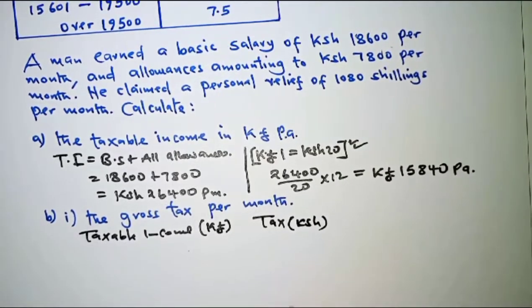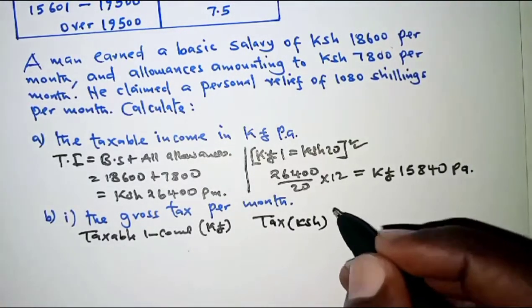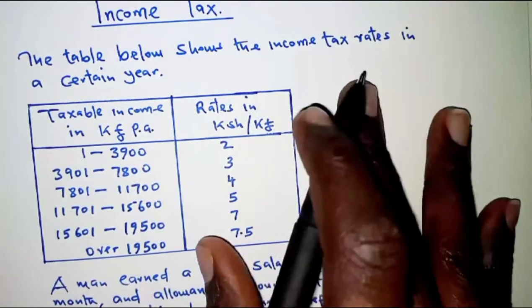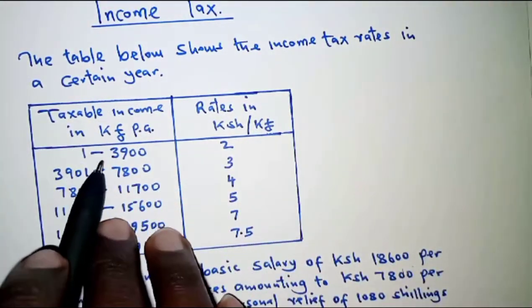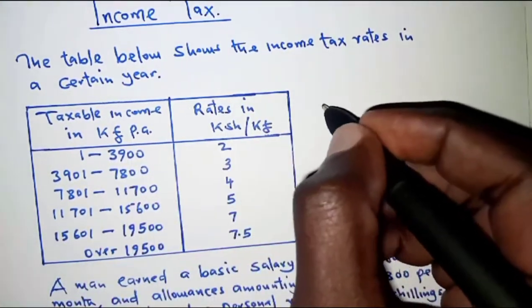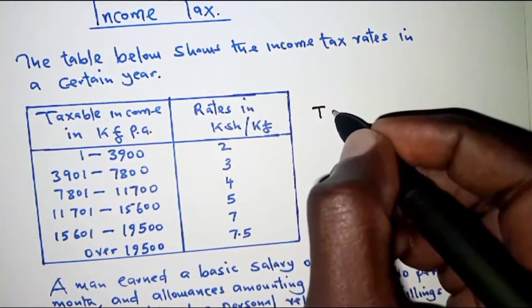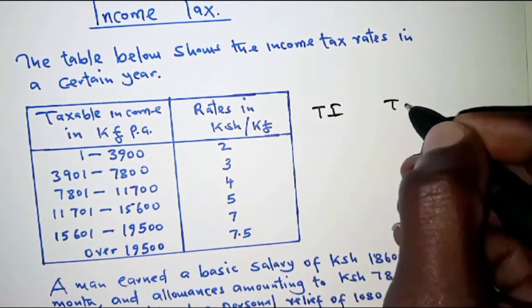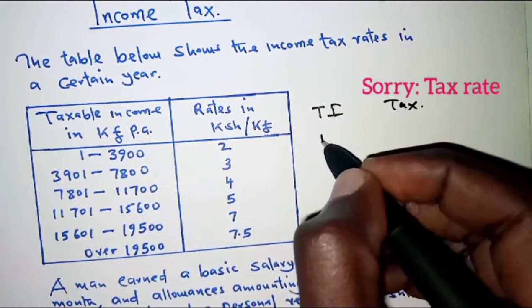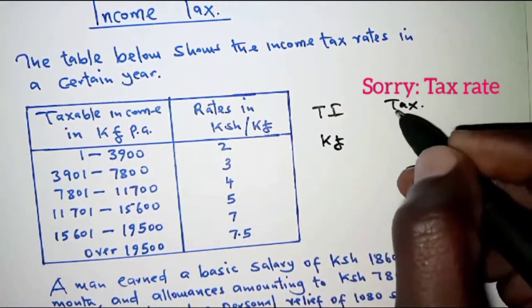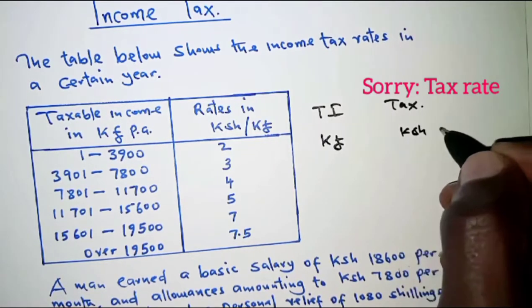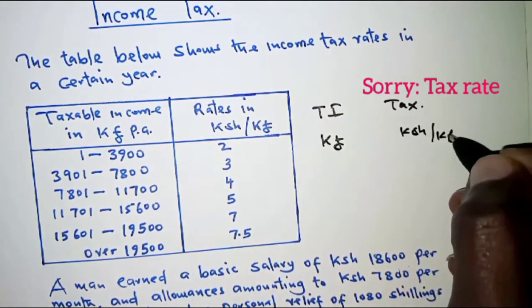So what is happening here? I've arrived at Kenyan shillings as follows. On the left-hand side, we are going to multiply the values by the rate, so that if we have taxable income and the other side tax, the taxable income is given in the unit Kenyan pounds, and for the tax, we are simply having Kenyan shillings per Kenyan pound.